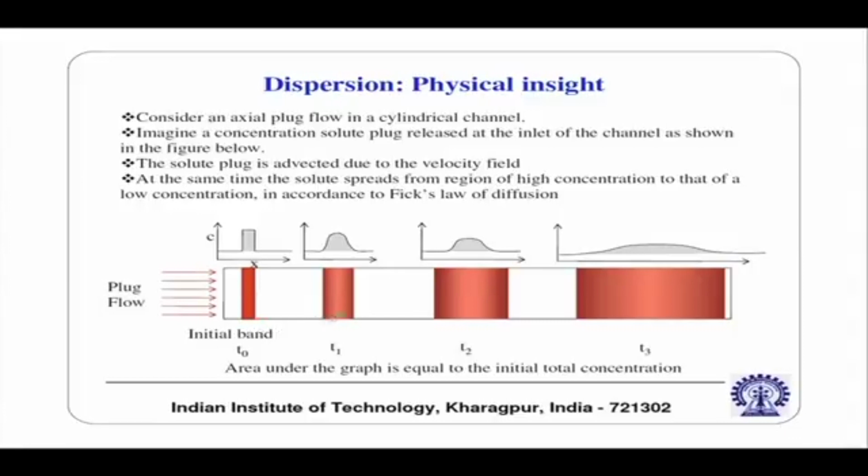The solute plug is advected with the velocity field. Because of the flow velocity the solute plug will move, and at the same time the solute will spread because of diffusion. Had there been no diffusion, the solute plug would have moved from here to here without spreading, but you can see the width of the plug gets broadened and broadened, and this broadening is because of diffusion.